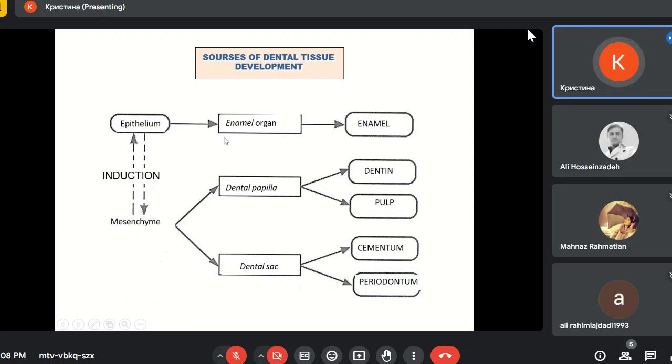So epithelium develops into enamel organ, and in enamel organ, the inner layer will make enamel. The outer and intermediate layers and stellate reticulum part of enamel organ will make just the cuticle of the tooth, which covers enamel before tooth eruption.